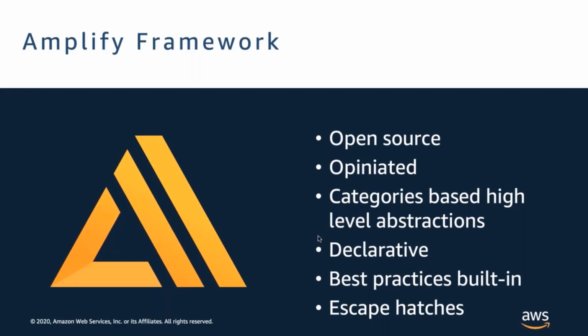And if there's anything Amplify doesn't do for you in its existing implementation, and you don't or can't contribute code to the project, Amplify is built with escape hatches where you can use it alongside AWS APIs and SDKs to implement the features you need.